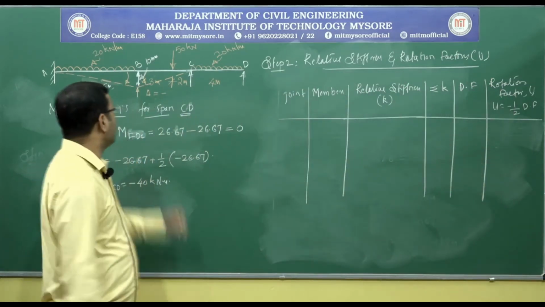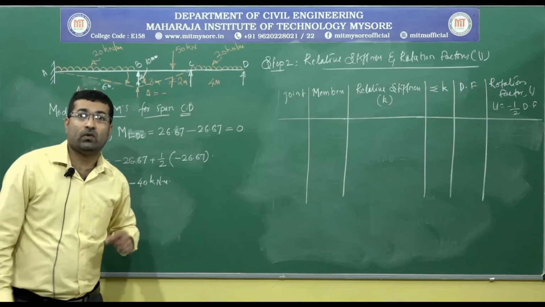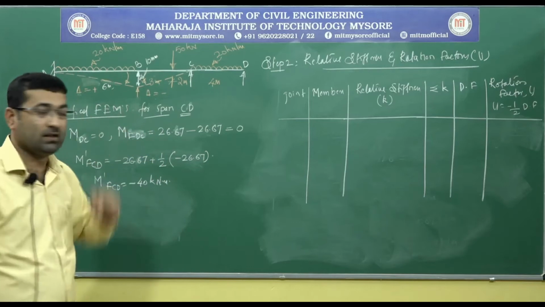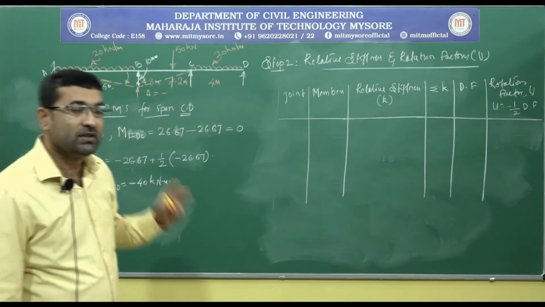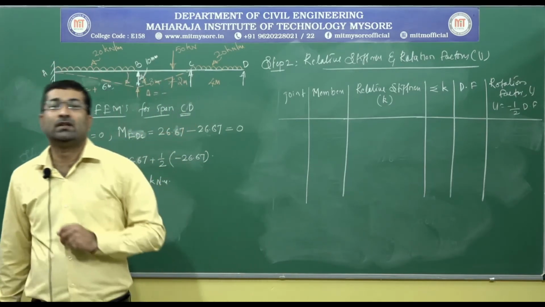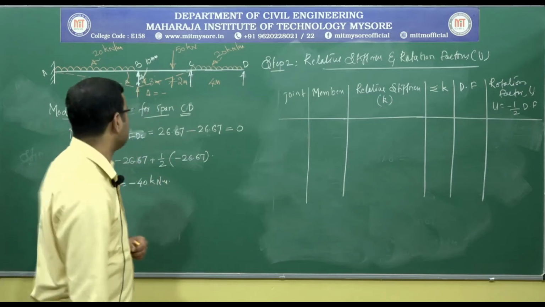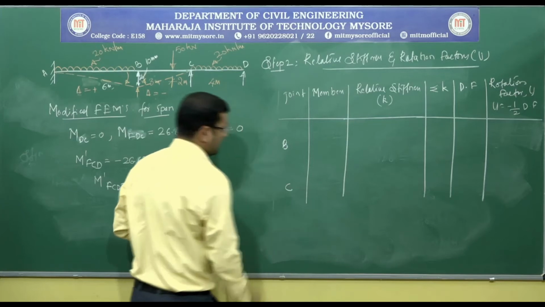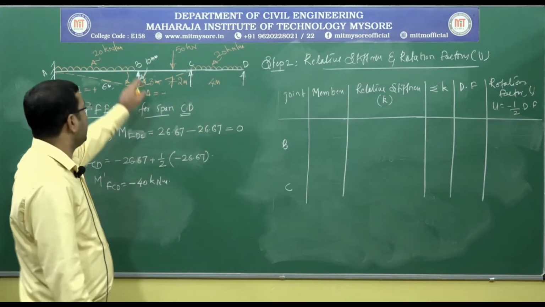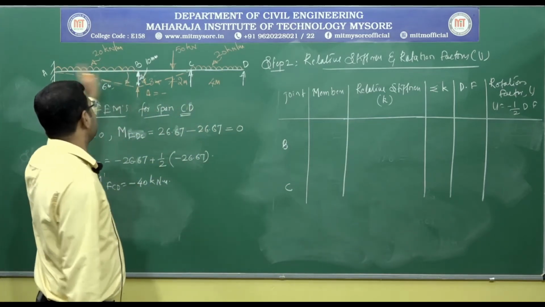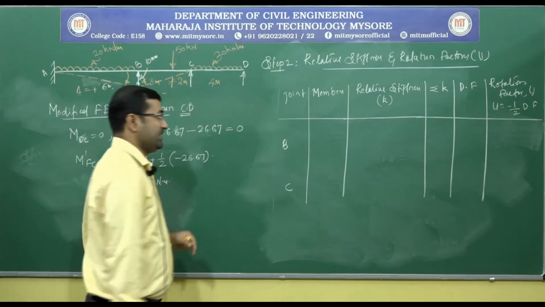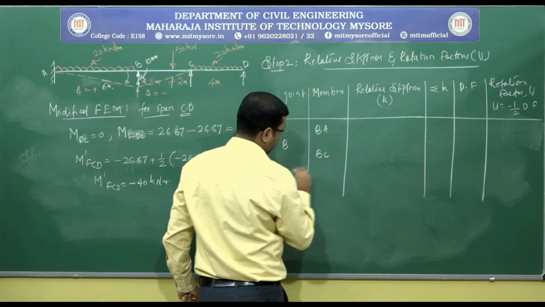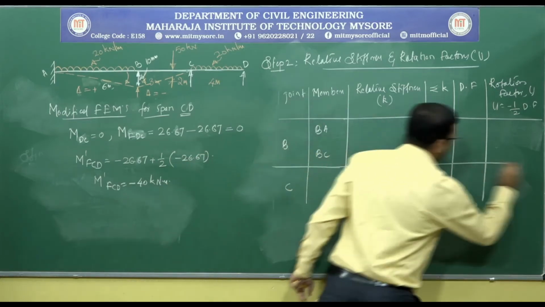So here from the given loading diagram, what I can understand is there are two intermediate supports, one is B and another one is C. For these two joints, we need to calculate the rotation factors. So let us note those two, one is B, another one is C. At joint B, we have two members, one is BA, another one is BC.